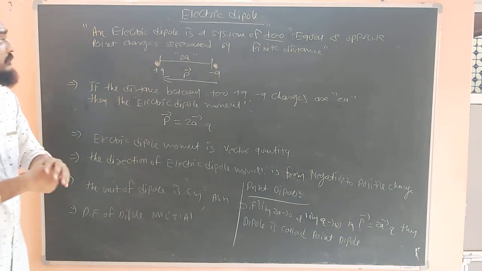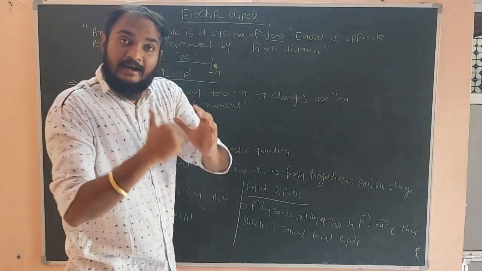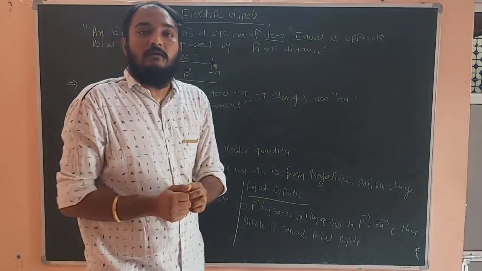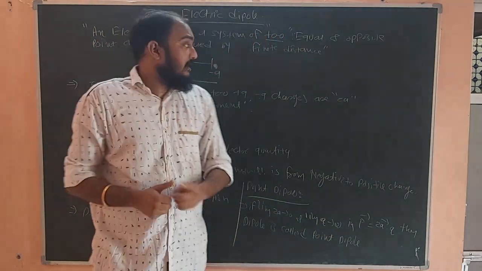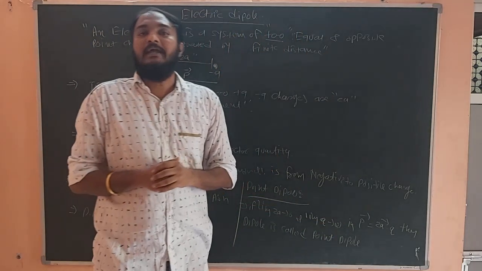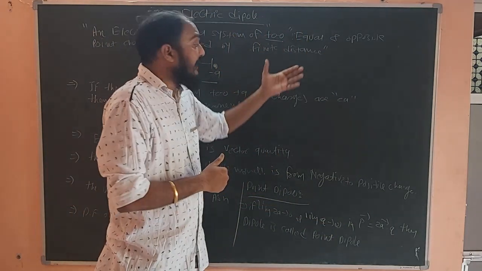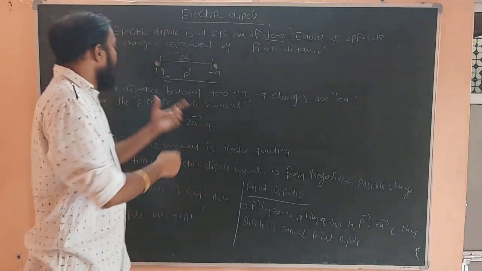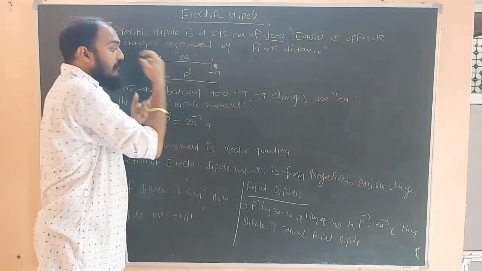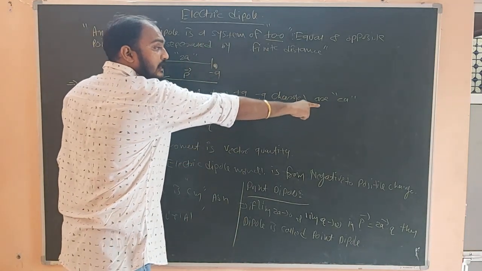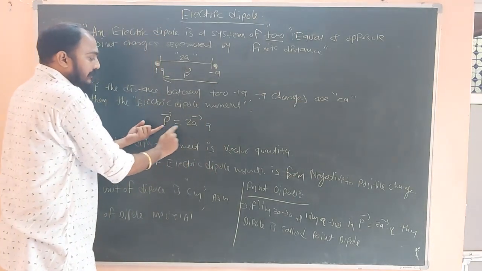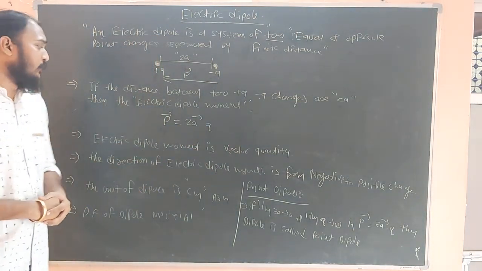Again, what is an electric dipole? The electric dipole is a system of two charges, equal and opposite in nature, with a finite distance between them. So we can take plus q and minus q, with distance between them 2a. Then the dipole moment is p equal to 2a into q.